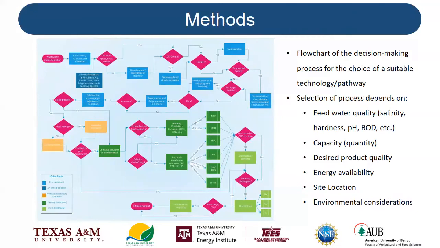The selection of the process depended on feed water quality, the salinity, hardness, pH, BOD, etc. The capacity or the quantity of the water that we are treating, the desired product quality, the energy availability, the site location, and environmental conditions. I'm going to briefly describe that in the next slide.